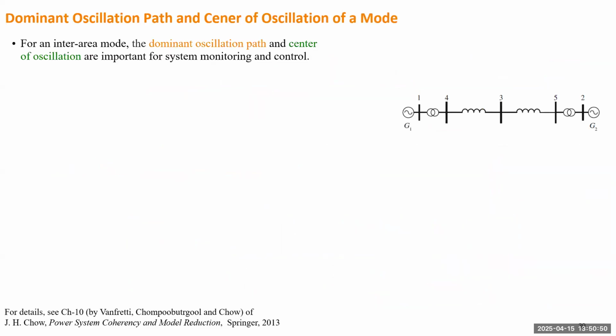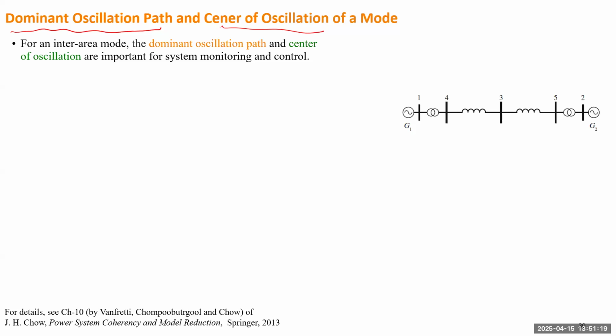Okay, next I want to introduce two very useful concepts: dominant oscillation paths and center of oscillation. For inter-area modes, usually that can involve the entire system or a large area of the system oscillating together. So it will be very critical for system operators to monitor this mode.